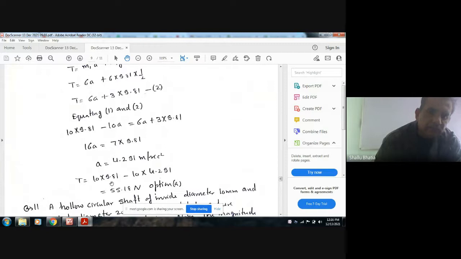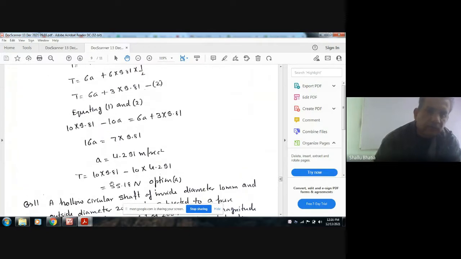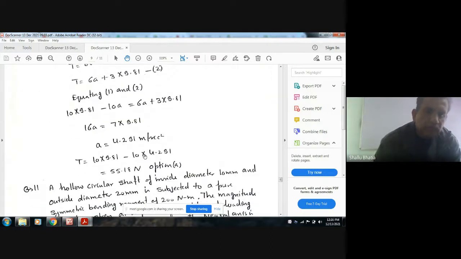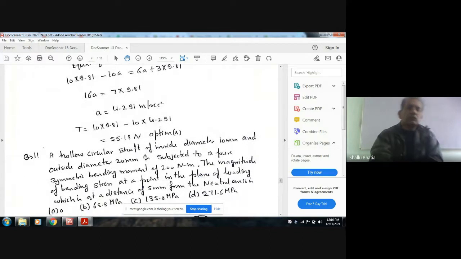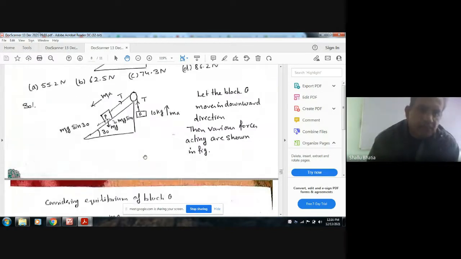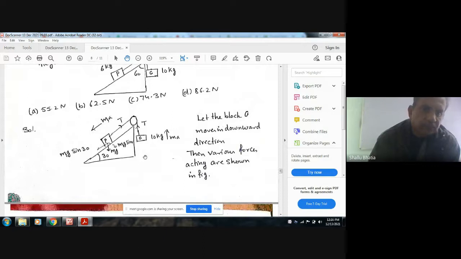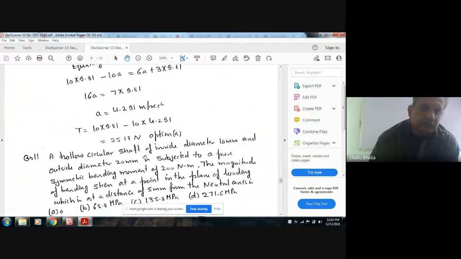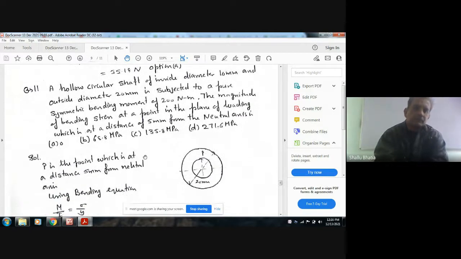Once acceleration is found, we can put a in either of the two equations, and then we can find T, that is 55.18 Newton. So the option is A.